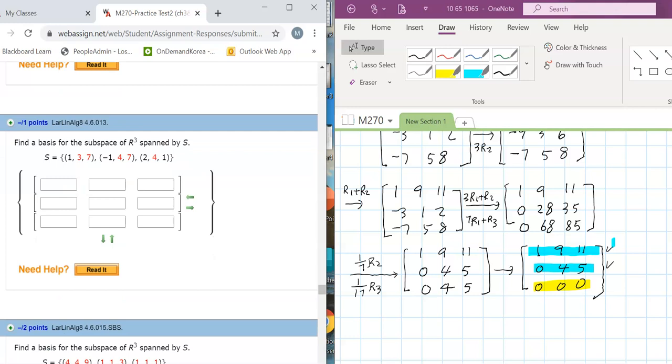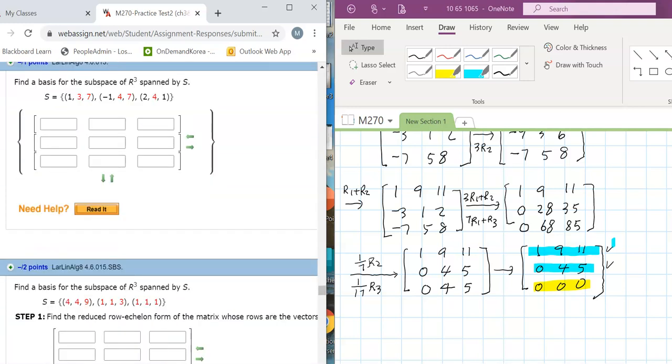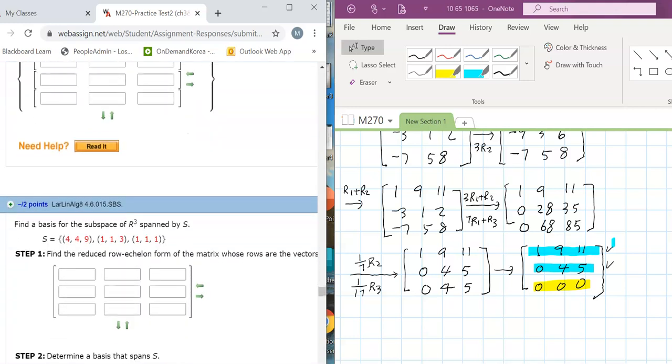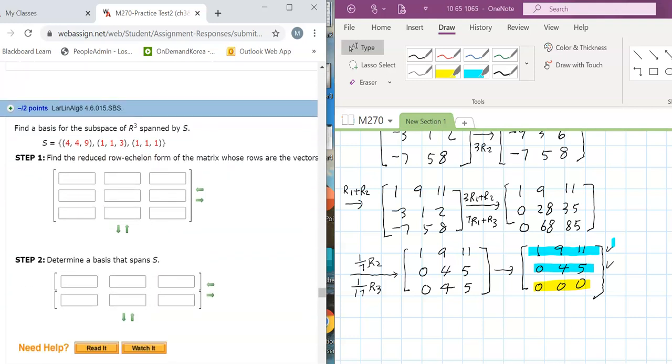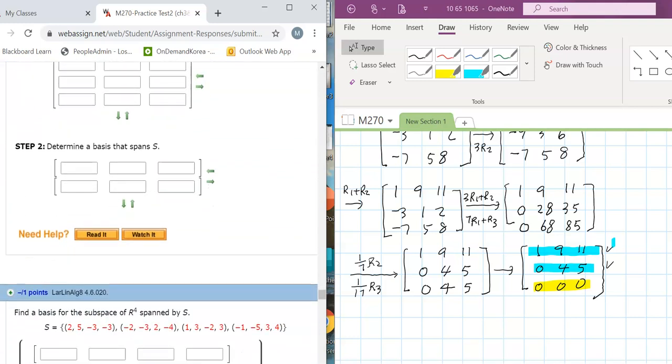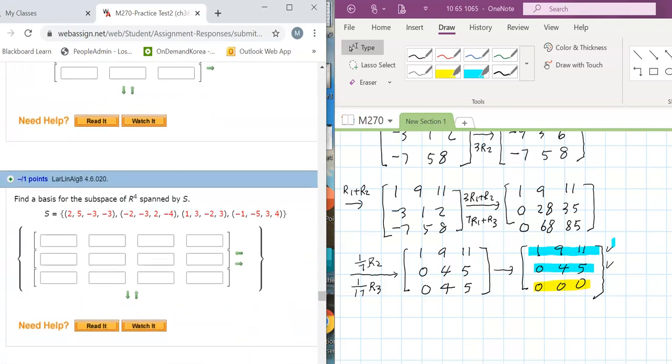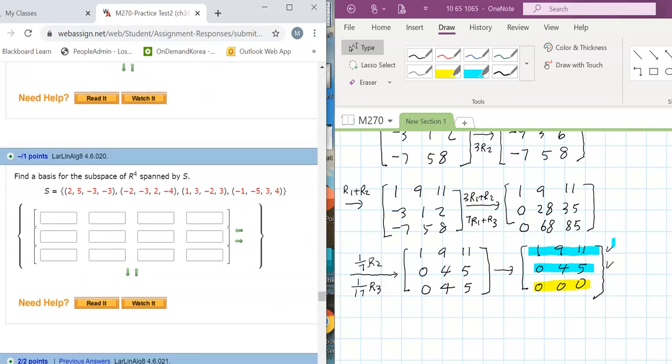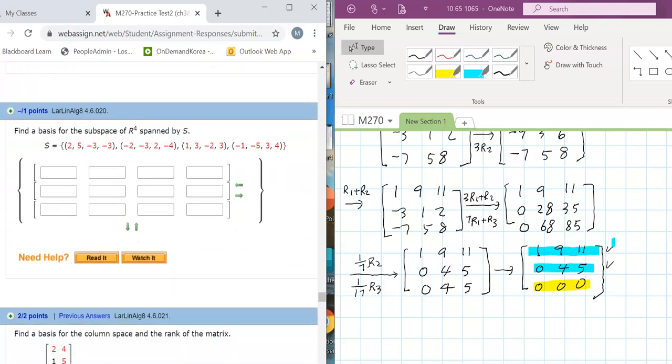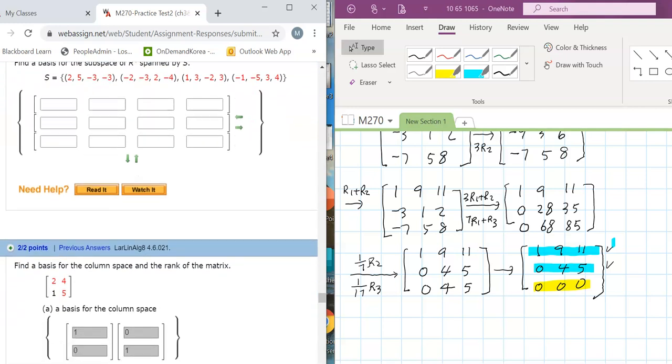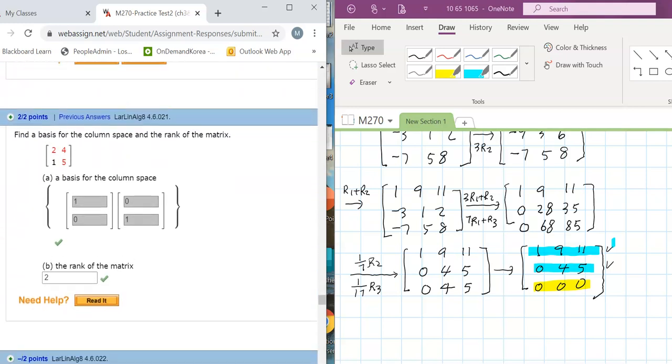Step by step. But if you know how to do it, you don't have to try every one of them. So basically for the subspace, same thing, do the Gaussian elimination. And then now let's look at the column space.